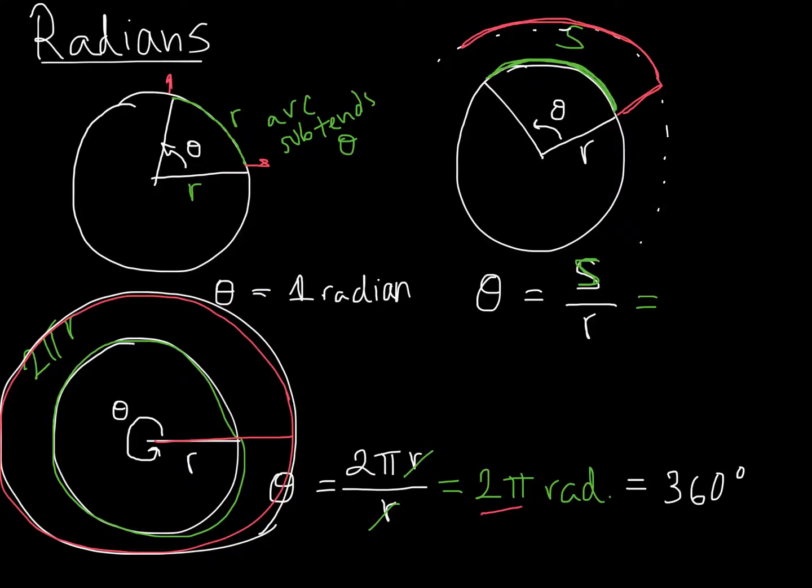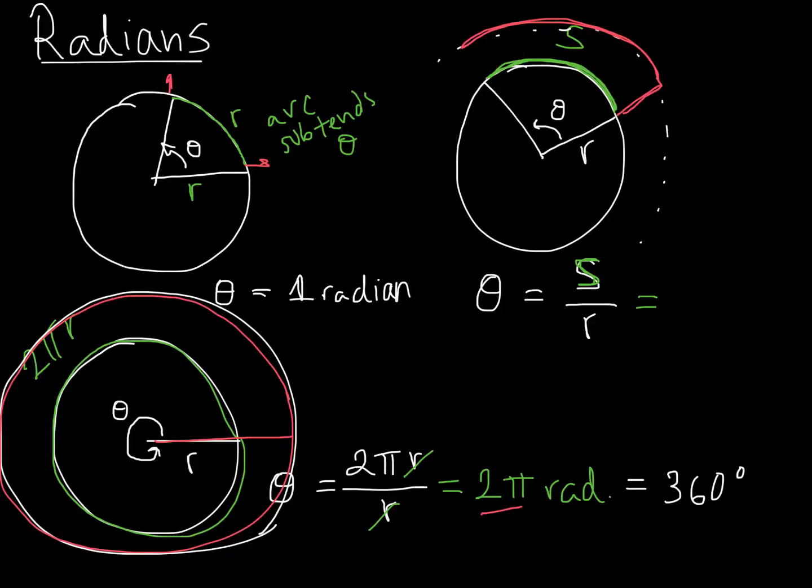And since I'm just looking at the ratio between the two, as we saw in this example over here, it doesn't matter. The angle will always be the same. And so I can choose what I want my radius to be. I can pick the easiest circle possible.